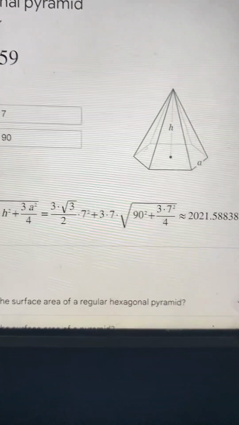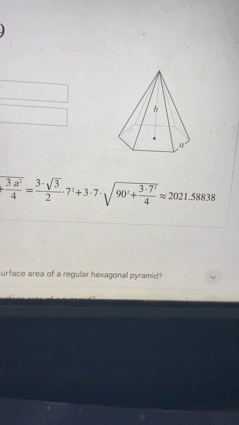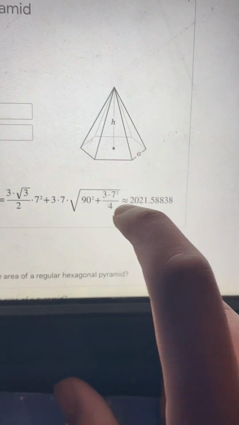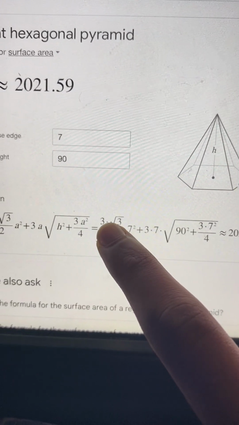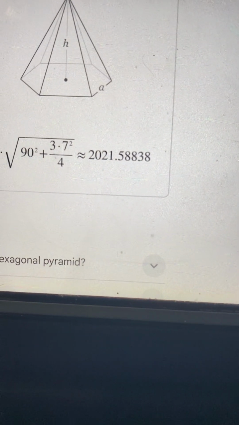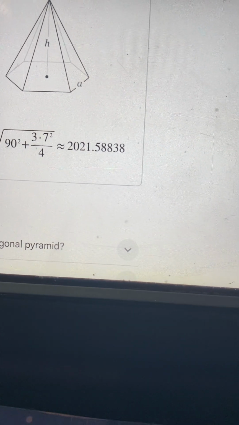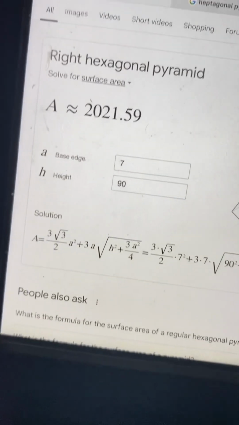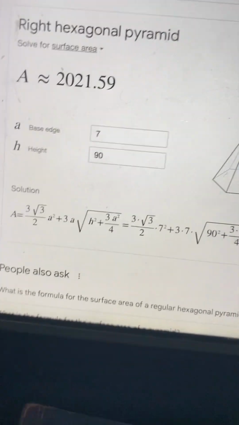If we add 21 and 49 together, we should get 70 exactly. 70 times all of this, and then times this, which I don't know. That will approximate to around 2021.58838.